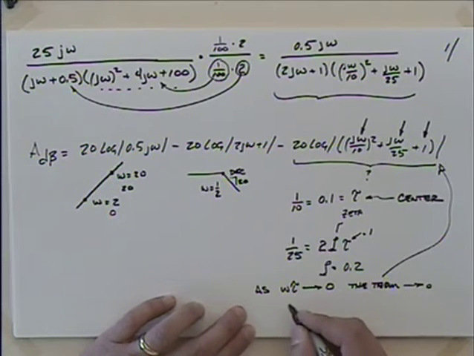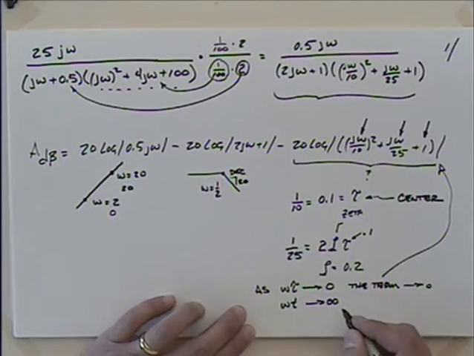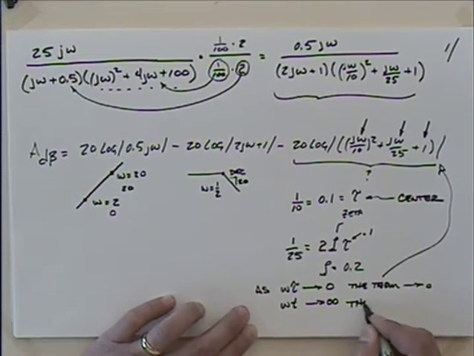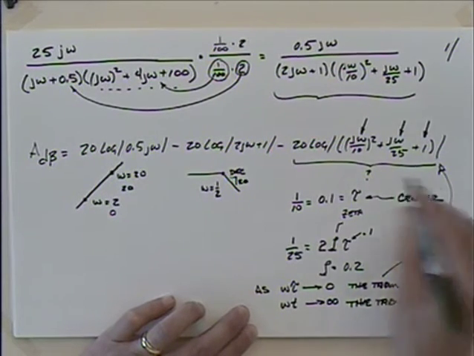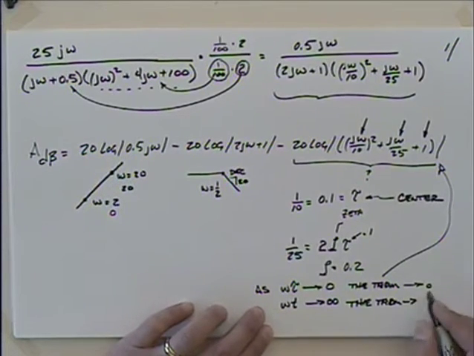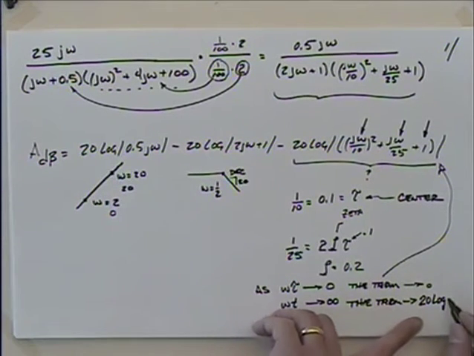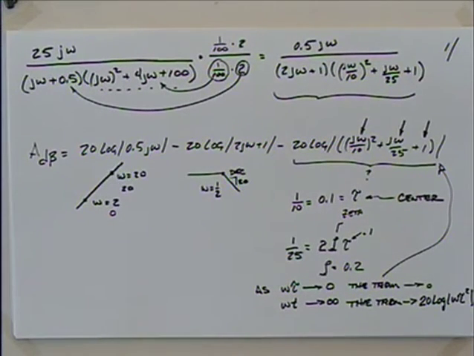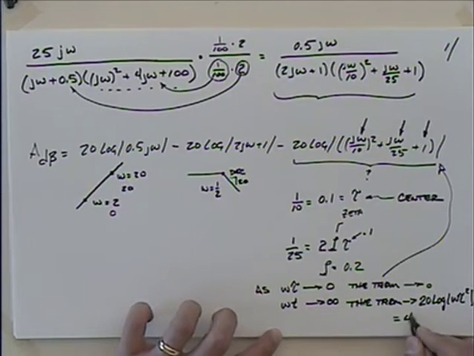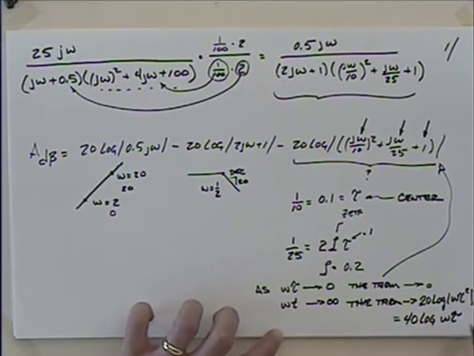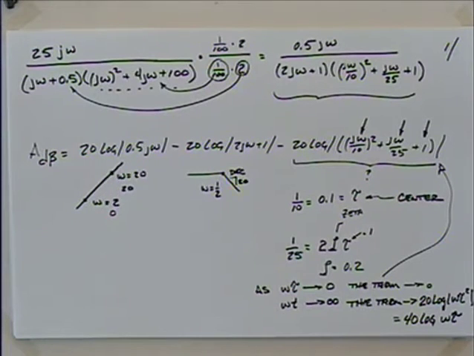But as omega tau goes to infinity, as it gets larger, this thing approaches 20 times the log of omega tau squared. Okay? And let's see, how can I get rid of an omega tau squared? I can say that this is then, what, 40 times the log of omega tau. So we're going to have a steeper slope on that one.